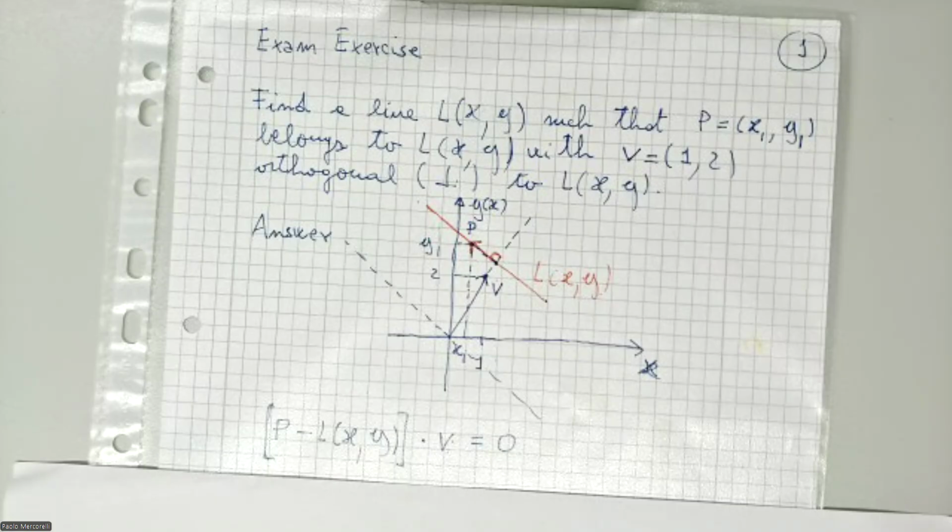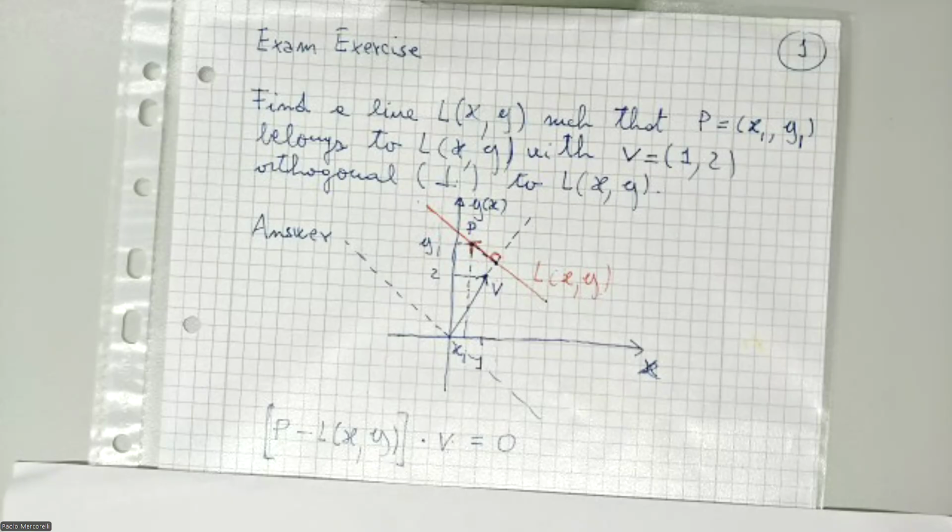Because here I can write, I didn't write, I told you, for each x and for each y. This means for each line, anyway, this condition must be true for each x and each y, in which P belongs to it.